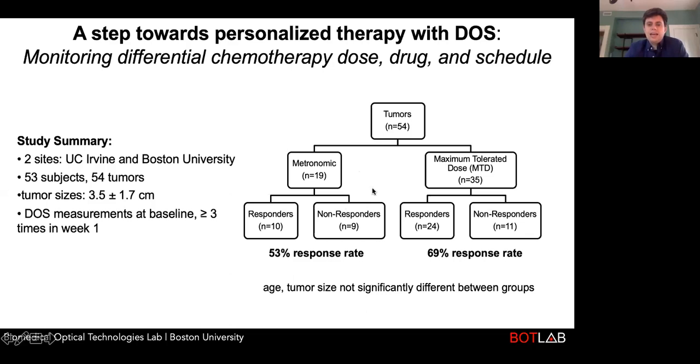Now, there was an experimental drug trial going on while we were doing our imaging study, testing a new type of chemotherapy called metronomic. And here we had a lower response rate. But this gave us a really interesting opportunity to explore how DOS could monitor 2 different types of chemotherapy to see if there were any differences. And I'll just note that age and tumor size were not significantly different between these groups, giving us more confidence that we could compare them.